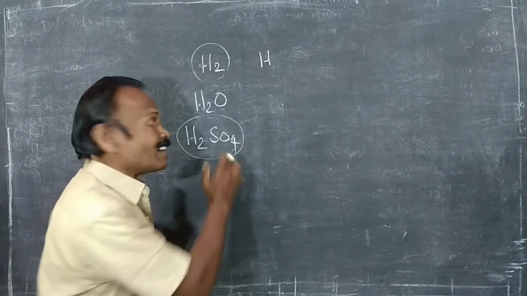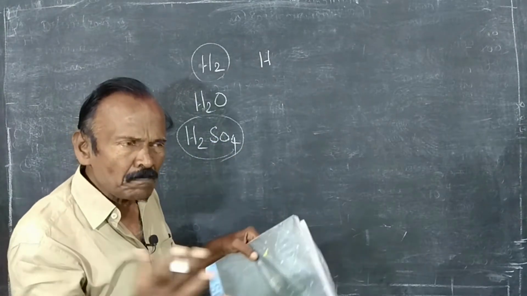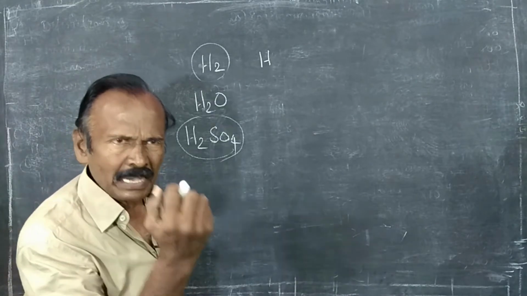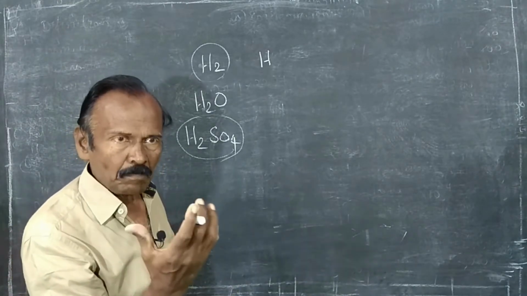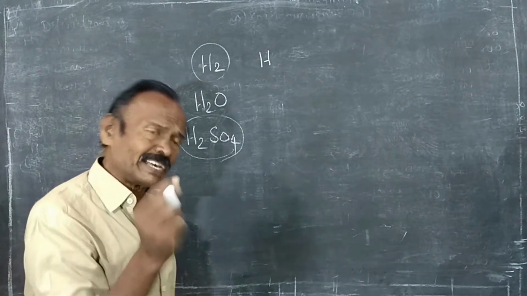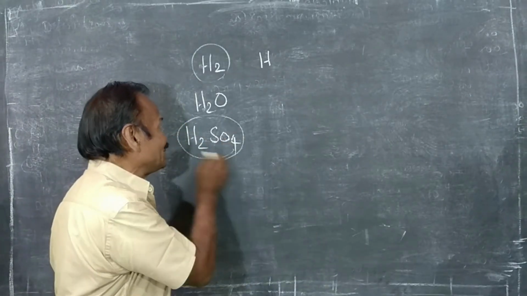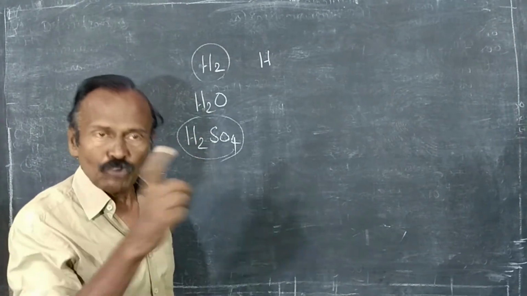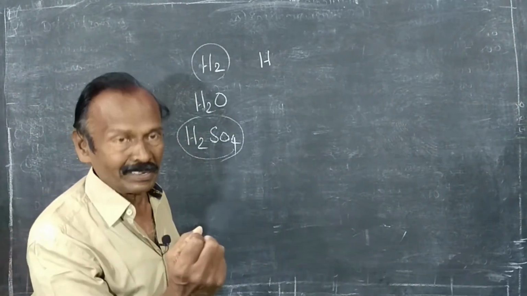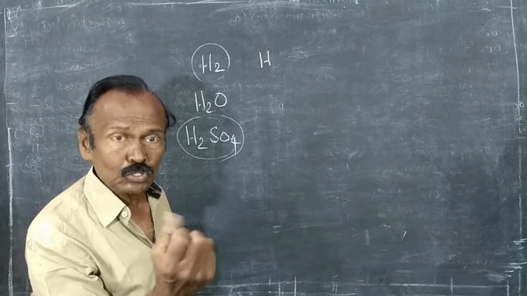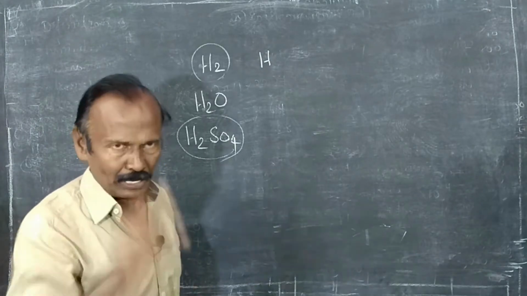All these seven atoms are combined together by a chemical bond or by a force of attraction. So this force of attraction holds these atoms together and makes a molecule.